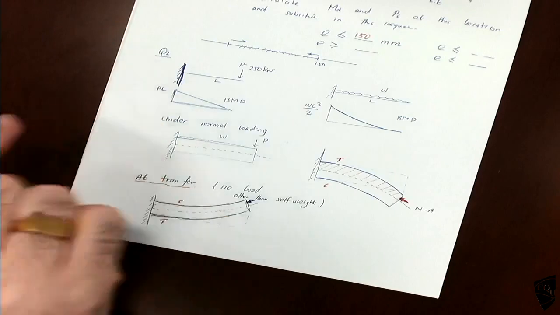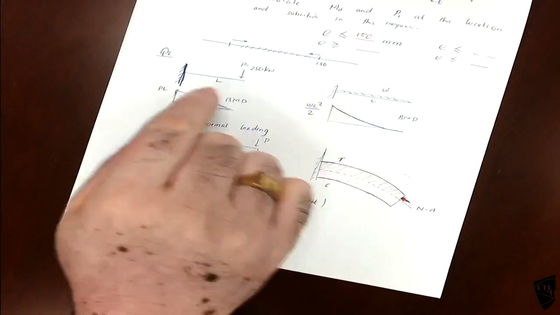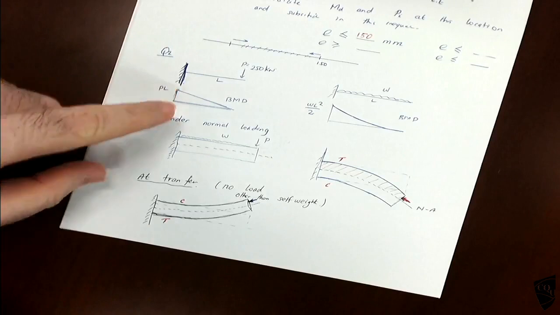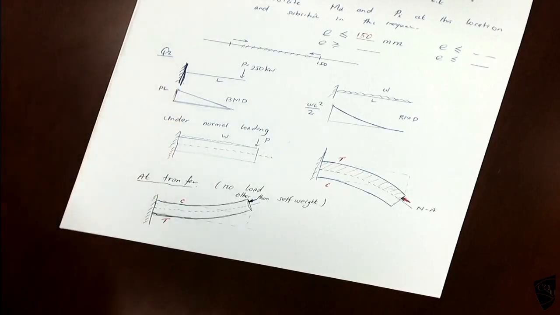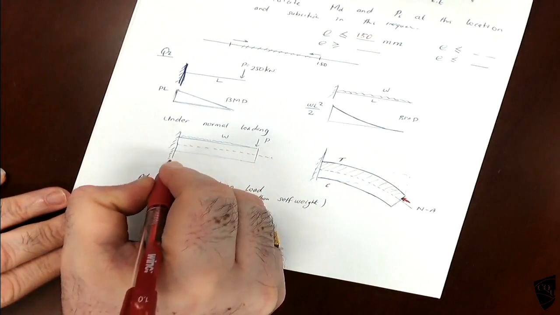Where is the maximum bending? If you look at the bending moment diagram, maximum bending will be at the support. So since maximum bending is at the support, the critical section is this one, at the support.